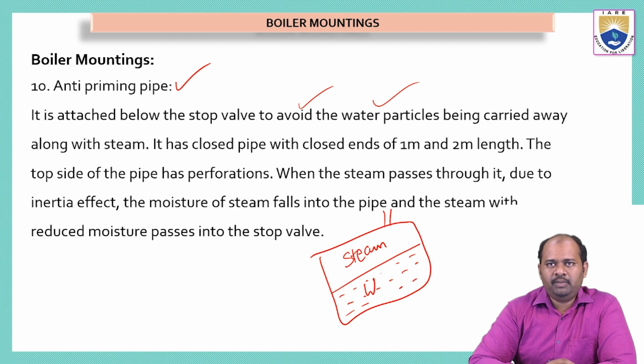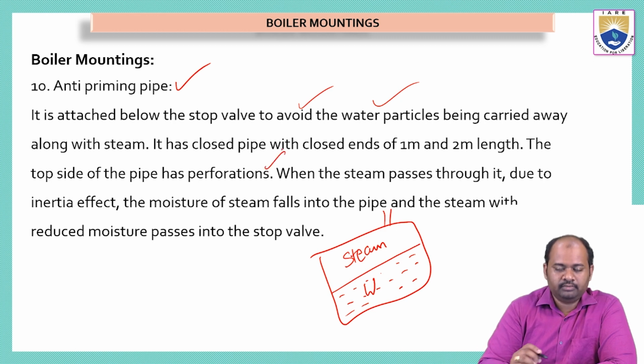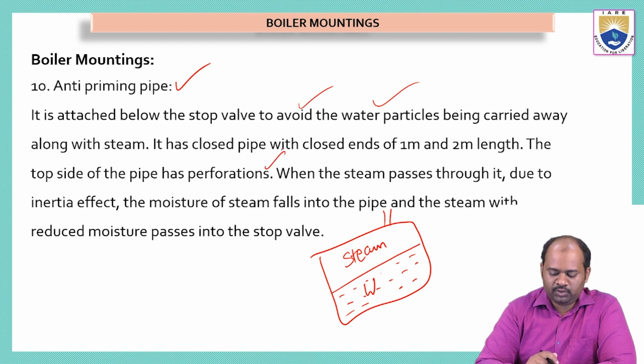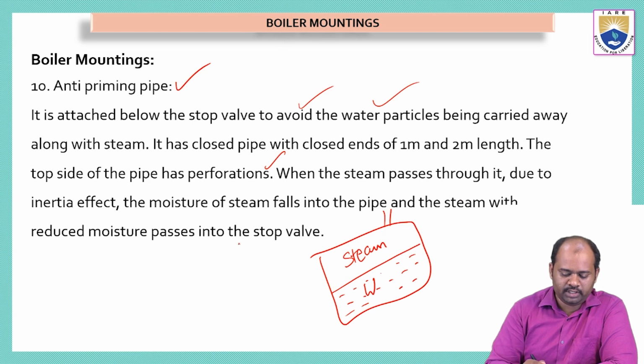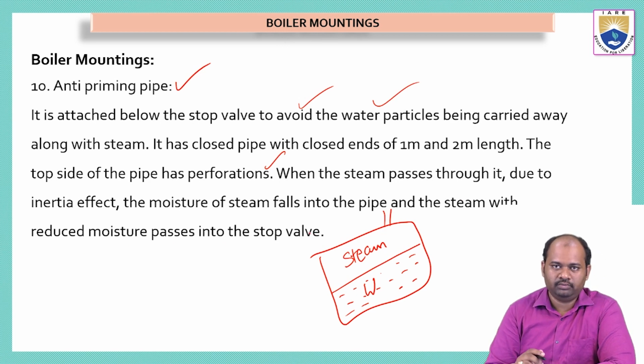It has a closed pipe with closed ends of 1 meter and 2 meter lengths. The top side of the pipe has perforations. When the steam passes through it, due to the inertia effect, the moisture of the steam falls into the pipe and the steam with reduced moisture passes into the stop valve.